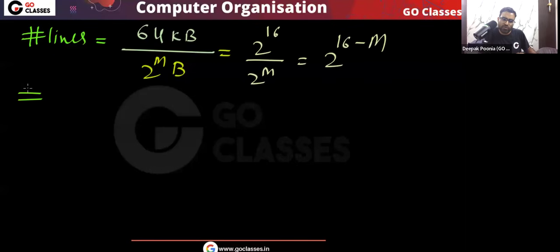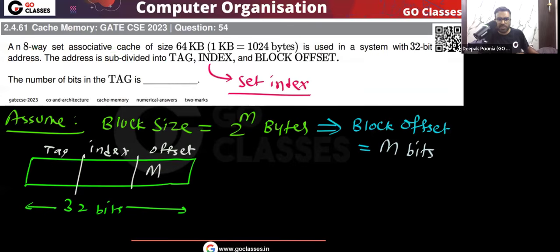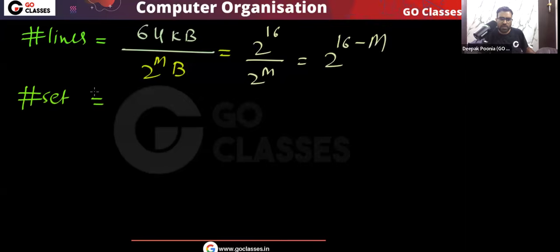Now we need to find the number of sets, because in a set associative cache memory, the index means set index. To find the number of bits required for set index, we need to find how many sets there are. That will be the number of lines divided by the lines per set.